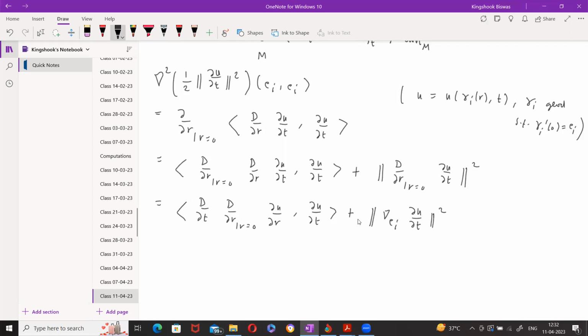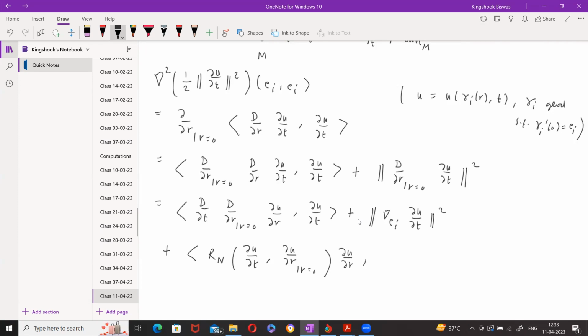I had this D/∂r and D/∂t, and I interchanged to bring the D/∂t first. So this is going to be a curvature term R^N, with the D/∂r coming second. There will be ∂u/∂t, ∂u/∂r at r equal to 0, and this will act on ∂u/∂r.